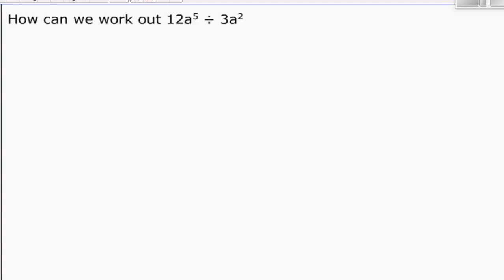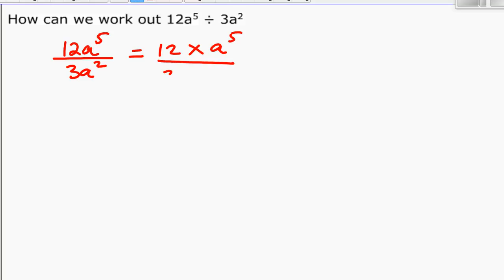So let's look at this example here. The first thing you need to do is set it out. So you'll have 12a to the power 5 divided by 3a squared. I'll write it this way: 12 multiplied by a to the power 5 over 3 multiplied by a squared.